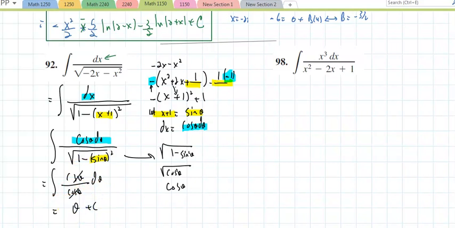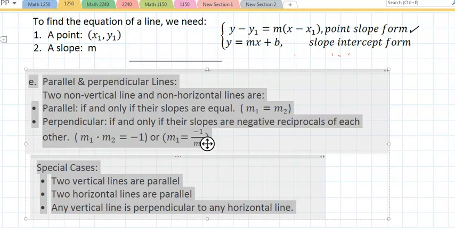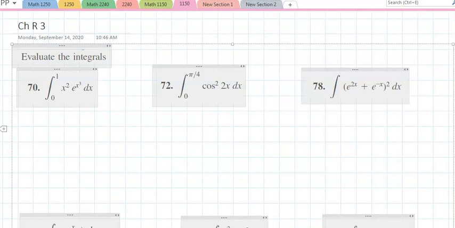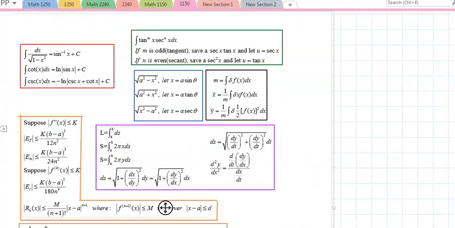And I go back to my original substitution. If I let sine of theta equal that, wouldn't theta be the inverse sine of (x plus 1) plus C? Now, I am providing a derivative for you on the formula sheet. If you glance at your formula sheet, I did provide that derivative.